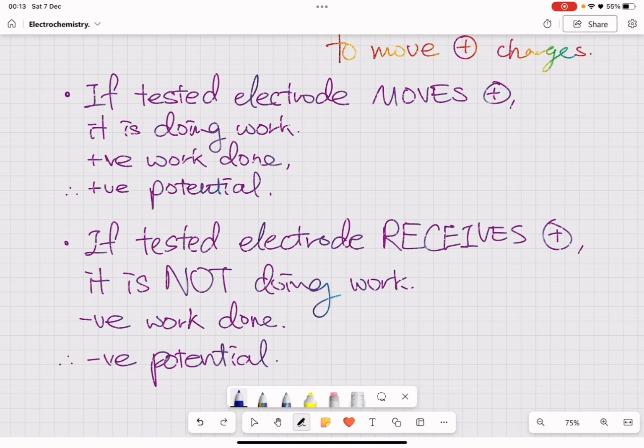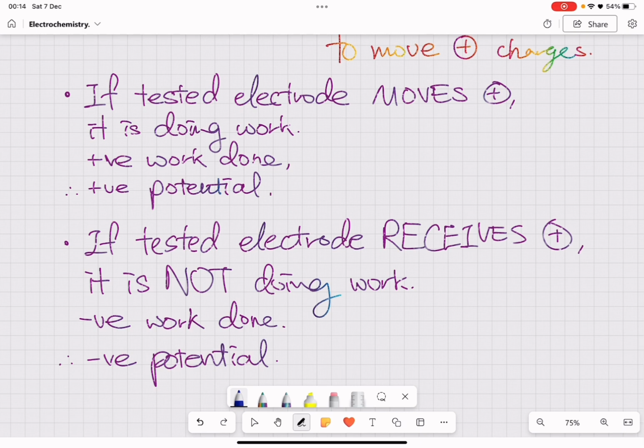If the tested electrode, the unknown electrode that we're going to test the potential value or potential difference of, is the one that's moving the proton, it is doing work. It is the one that's carrying the current. And since there is work being done, the work done will be positive, and hence the standard electric potential that we get will also be positive.